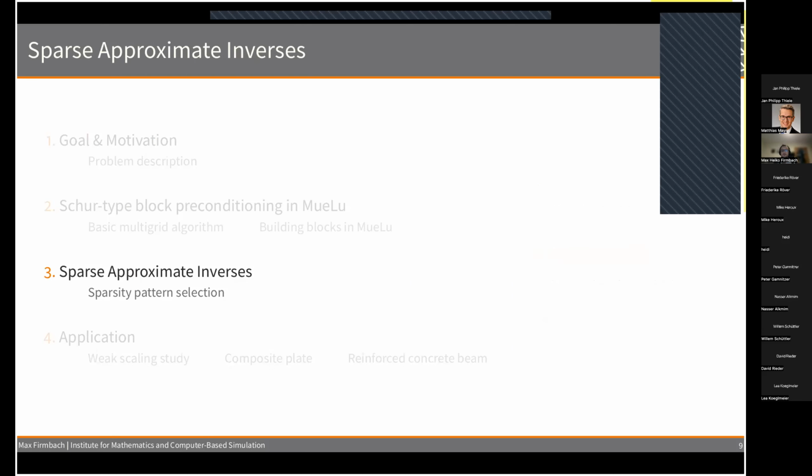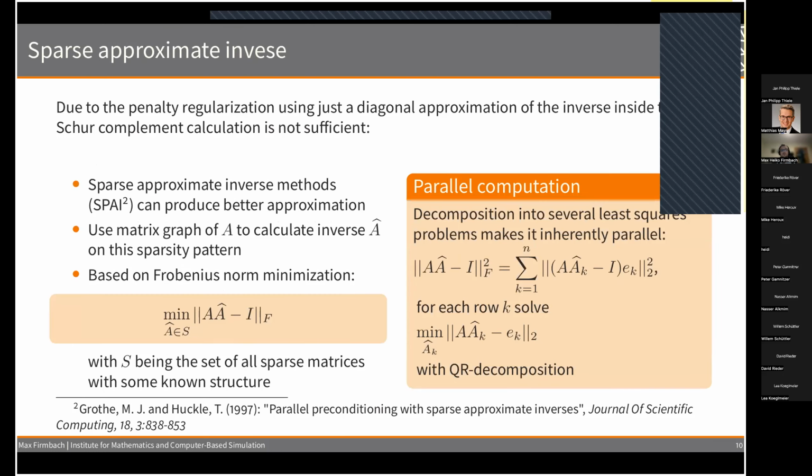So with this, I want to highlight sparse approximate inverses for our problem. Due to this penalty regulation I talked about earlier, using just a diagonal approximation, either with just a diagonal or with lumping approaches of the inverse inside this Schur complement calculation, is not sufficient, because the inverse, of course, contains certain information of our matrix.